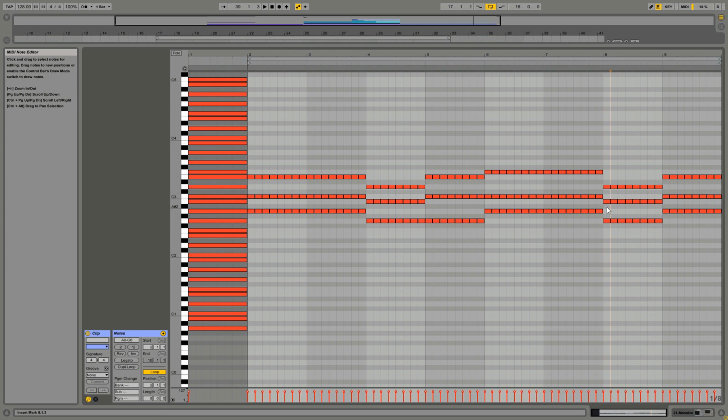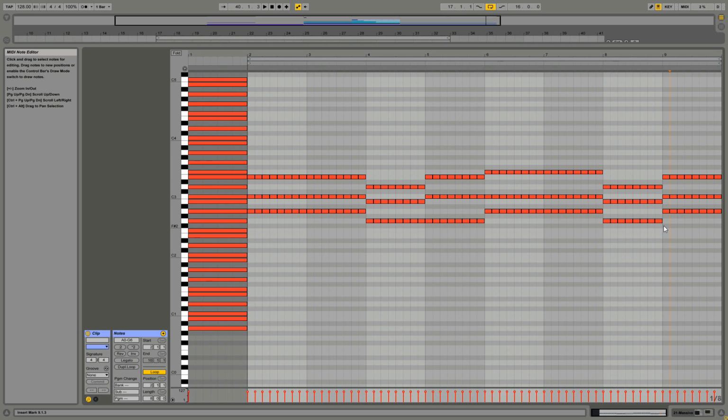We can see it's a major chord because we have 3 steps in between, or we can say we have a major third, and this would be a minor third. So here, for example, this is a minor third, and we are ending up with an A minor again. So A, C and E, minor third, major third, so it's a minor chord.